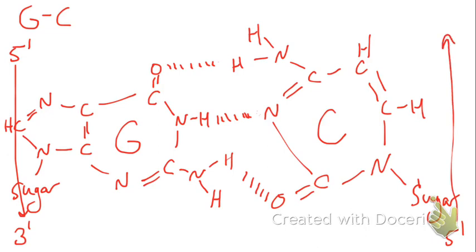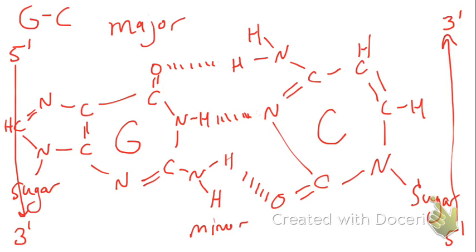So when we draw these, we're drawing them from a 5' to a 3' direction. The other thing that we see is the major and the minor groove. And so the major groove is up here, and the minor groove is down here.